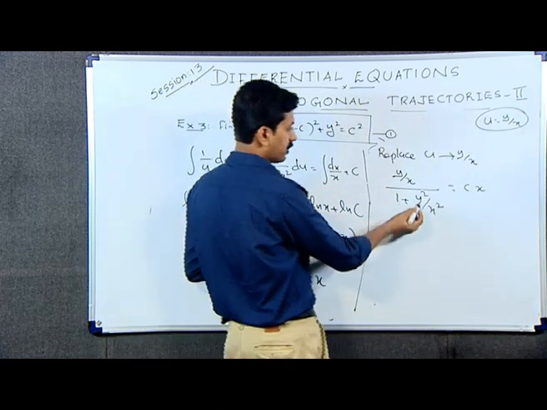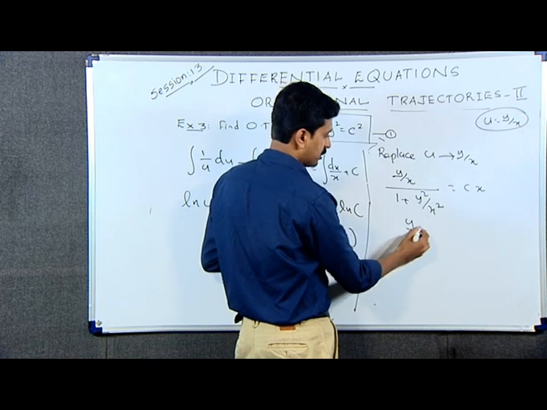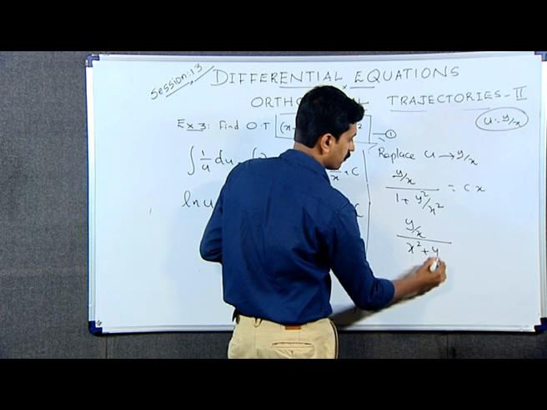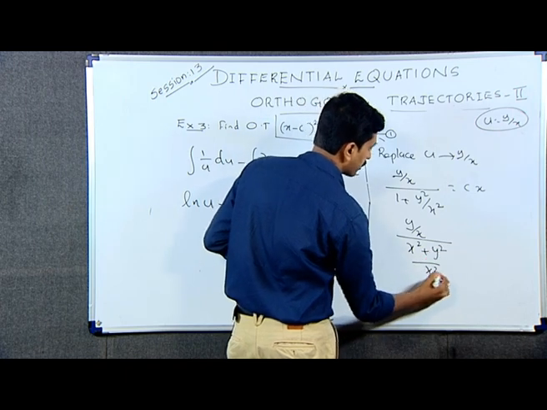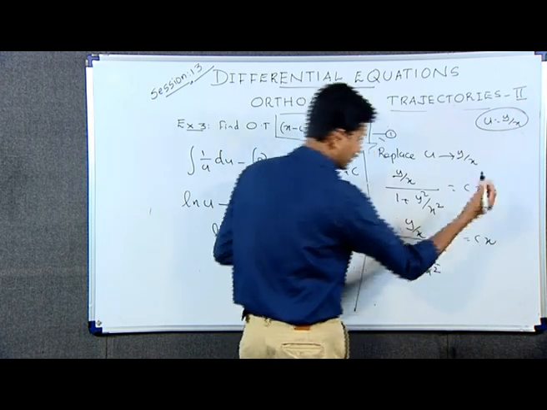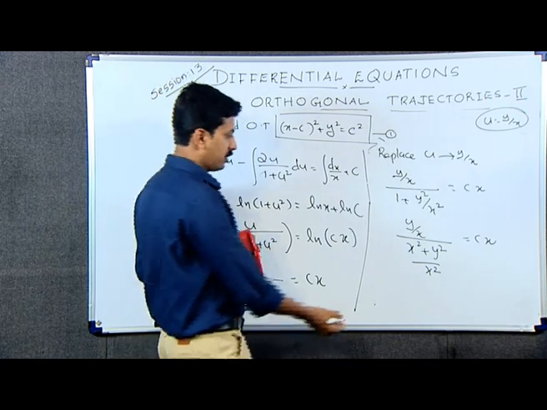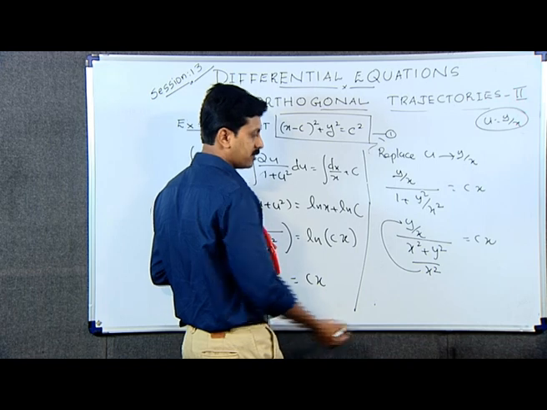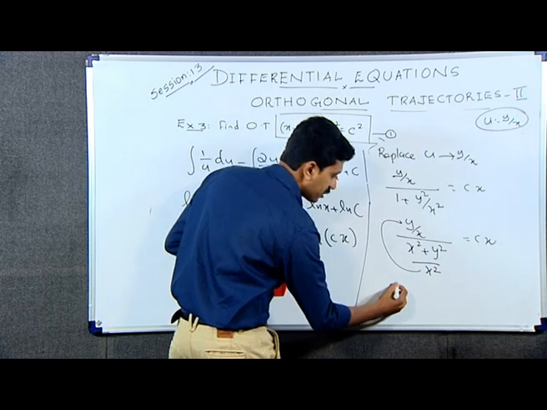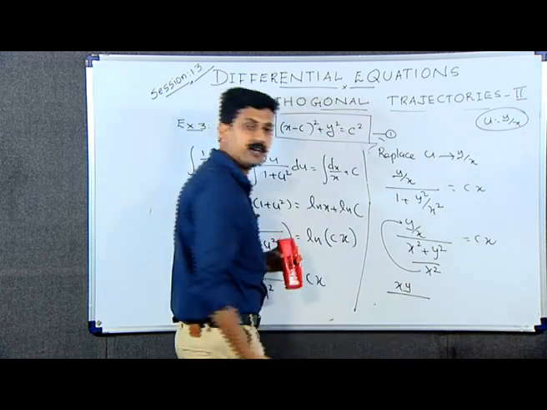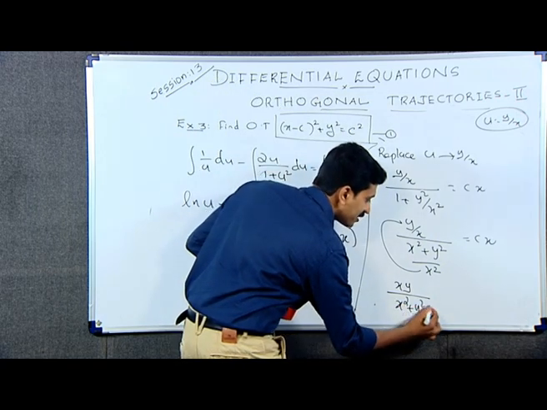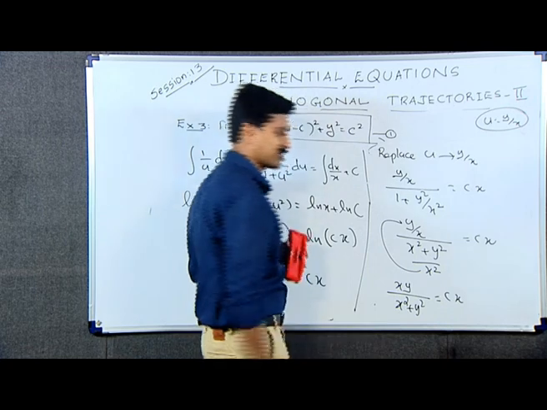So we will have y by x divided by, taking x square as common denominator, x square plus y square by x square, equal to c x. Taking this x square to the numerator, x will cancel. Therefore x y divided by x square plus y square is equal to c x.